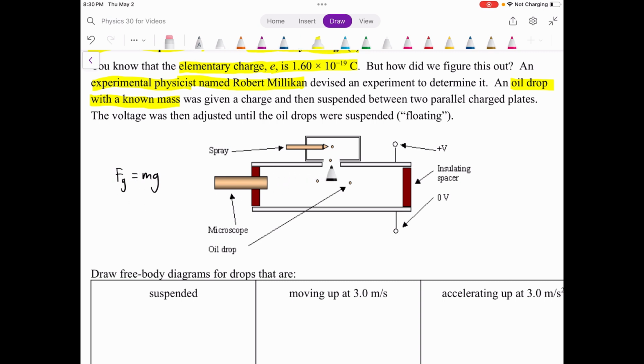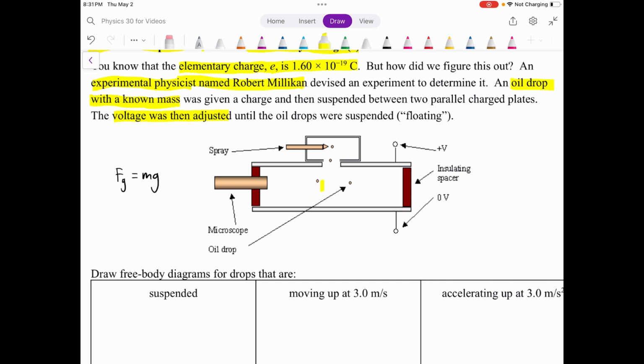Now, this is not just a box. Notice these are two charged plates, and the voltage across the plates, and therefore the strength of the electric field between them, was adjustable. So you could adjust the voltage and the strength of the electric field in between them, changing the electric force that was acting on these charged drops.